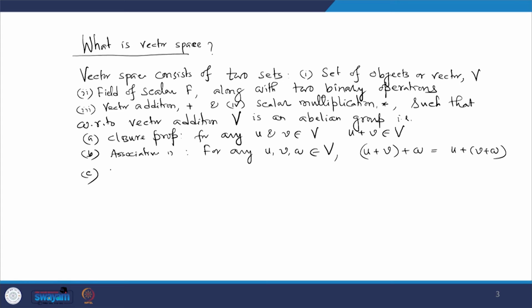Third, existence of additive identity, that is, the zero element.